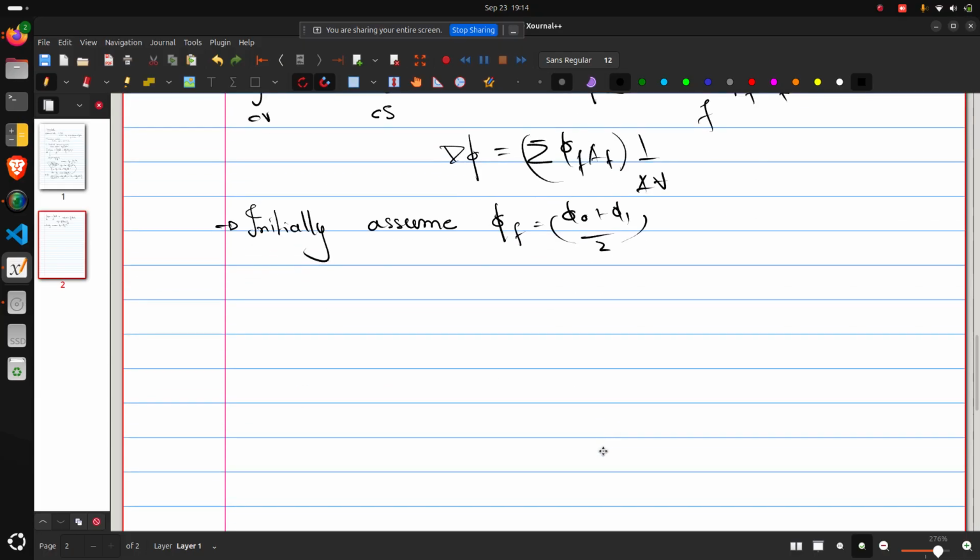We just use this simple assumption and get the value of phi f.